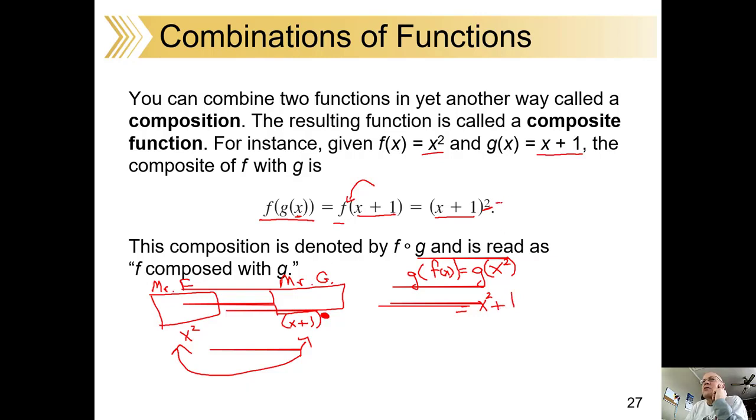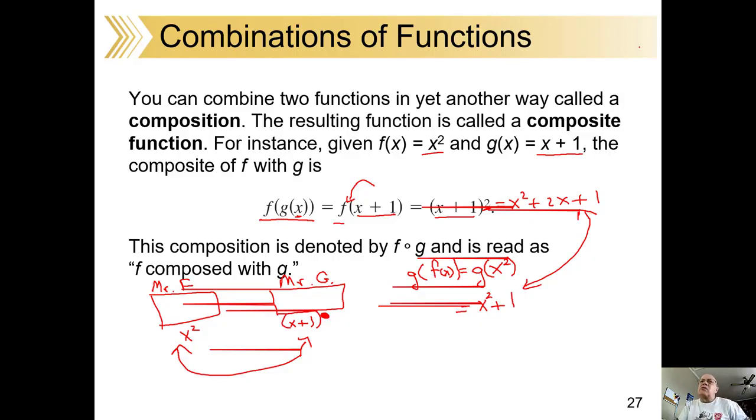Notice that these results are not the same, because x plus 1 squared is x squared plus 2x plus 1. These two are definitely not the same. Going to the g function first, and then f, is not the same as doing the reverse. Keep that in mind.